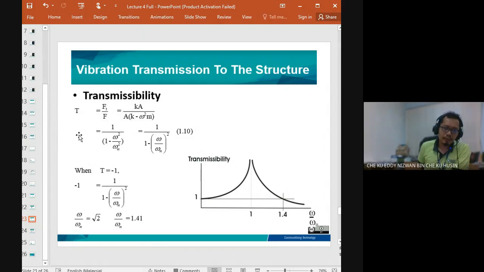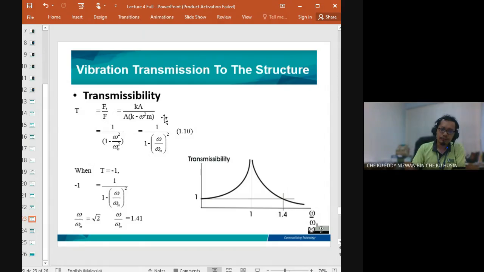Okay, and then F is the force applied. So basically, the amplitude here can be represented as F over K minus M omega square.